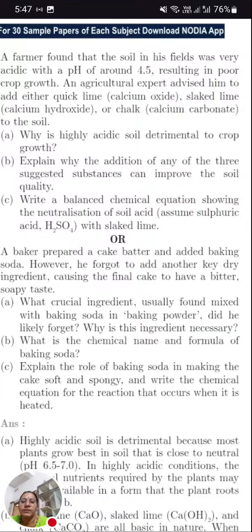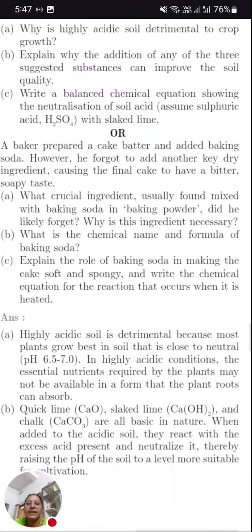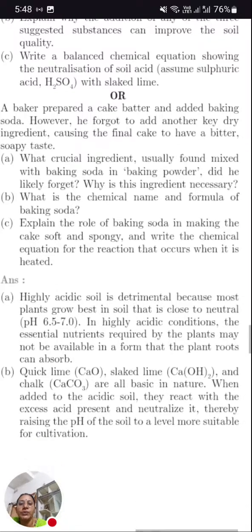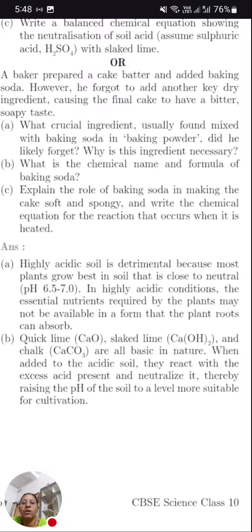First question, the answer: highly acidic soil is detrimental because most plants grow best in soil that is close to neutral pH. When the pH is neutral, plant growth is best. In highly acidic conditions, the essential nutrients required by the plant may not be available in a form that the plant roots can absorb.